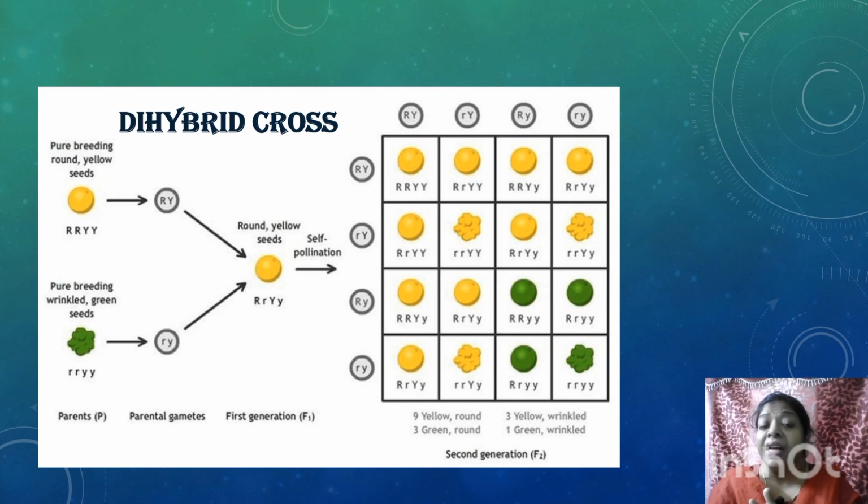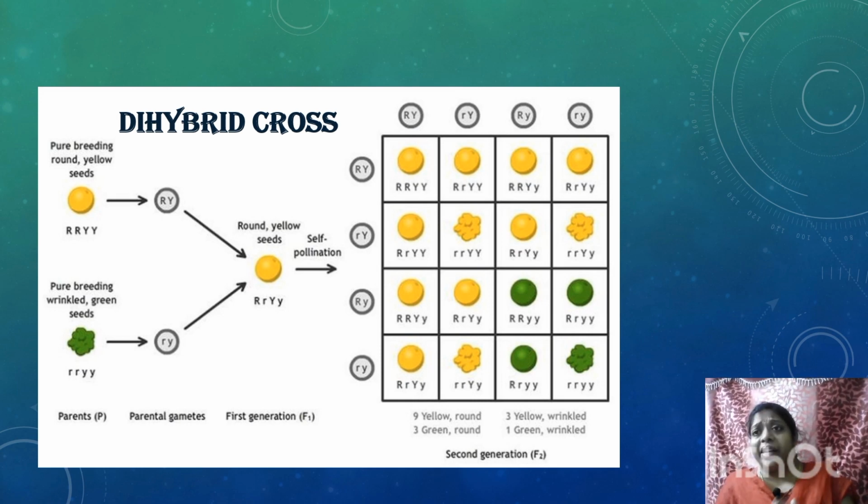He picked the wrinkled green seeds and crossed them with the yellow round seeds. So what did he obtain? The yellow round seeds in the first generation were dominant. This indicated that the round shape and the yellow color are dominant in nature.